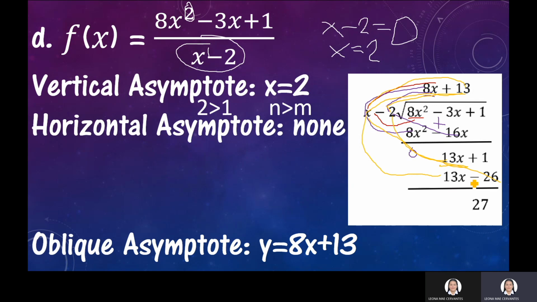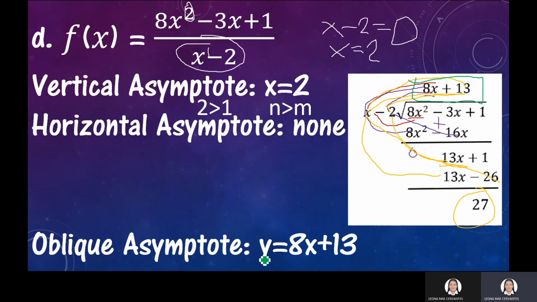So, for the oblique asymptote, we just ignore the remainder of 27. So, the correct answer for oblique is 8x plus 13. Okay?